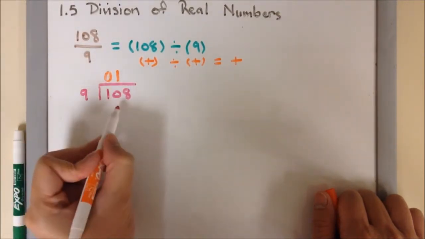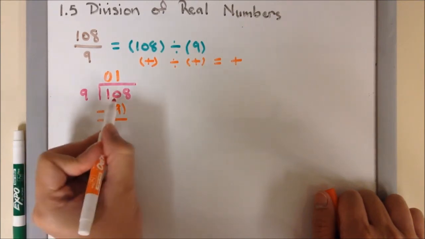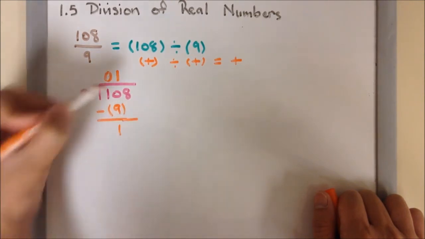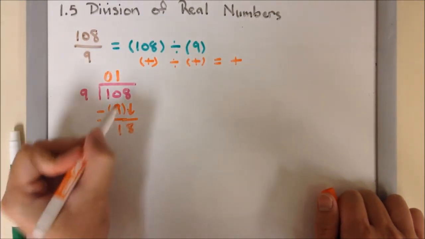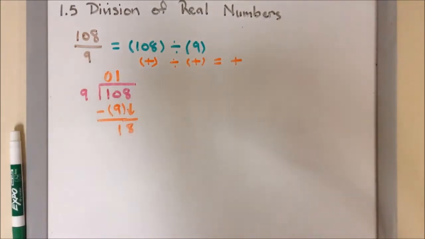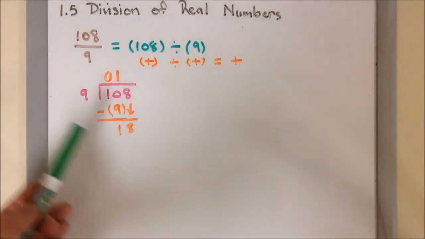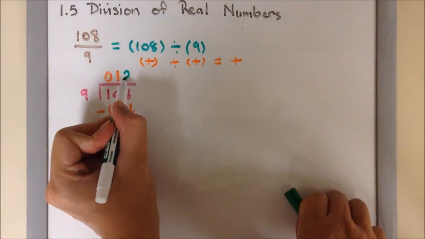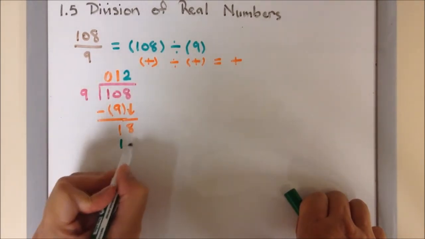1 times 9 is 9. Subtract, so 10 minus 9 is 1. And then I bring down the 8, making it 18. Now I ask, does 9 go into 18? It does 2 times. So put a 2 on top of the 8. 2 times 9 is 18.